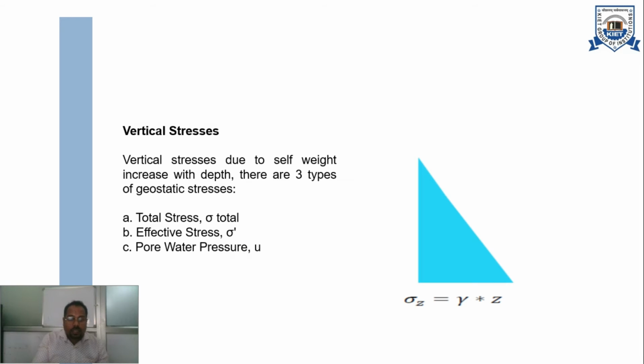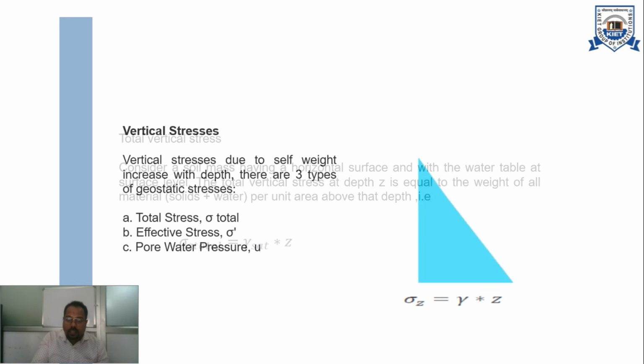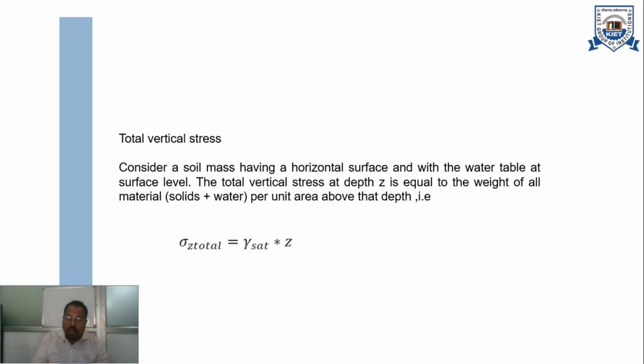Vertical stress has three components: total stress, denoted by sigma; effective stress, denoted by sigma dash; and pore water pressure, denoted by u. Vertical stress due to self weight increases with depth. There are three geostatic stresses which I have told you before. Sigma z equals gamma z is the total stress. Consider a soil mass having a horizontal surface with the water table at surface level.